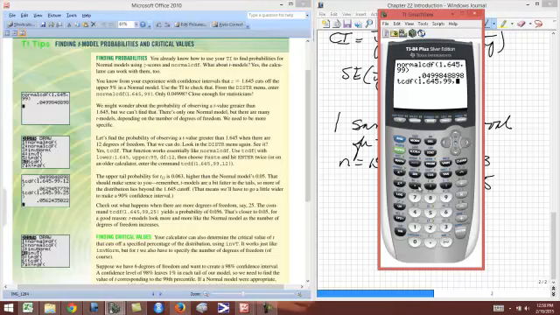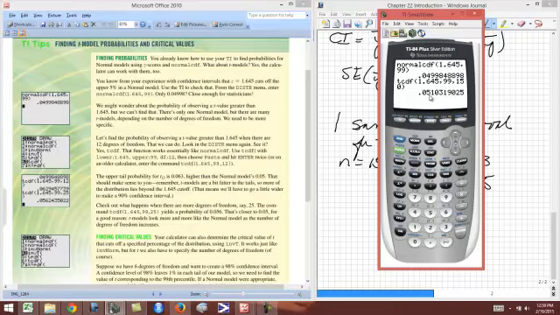Now, when I'm using the t-distribution, I've got to specify the degrees of freedom, which is simply the sample size minus 1. So let's start out with a nice big sample size like we used before, 150. With a sample size of 150, I get very close to 5%, but not as close as with the normal distribution.